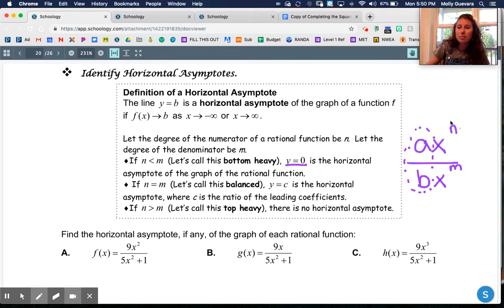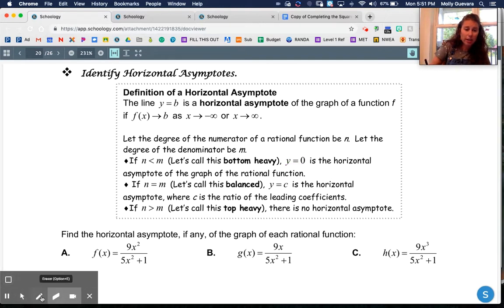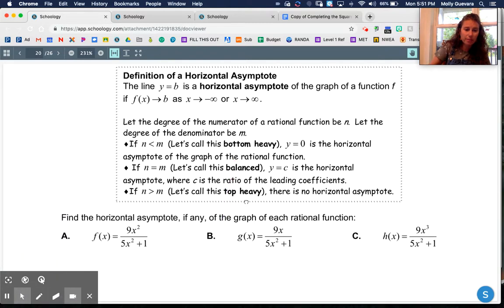If N is bigger, we call it top heavy. Kind of makes sense, right? And there's none. There's no horizontal asymptote if a graph is top heavy. So again, let's look at these examples. Sorry. There we go.